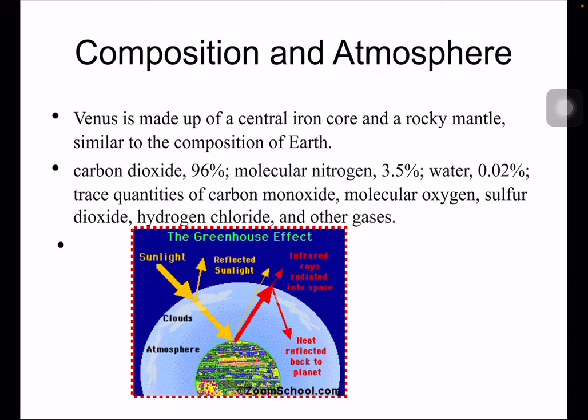Well, as for the atmosphere, Venus has a lot of carbon dioxide, about 96%, molecular nitrogen, about 3.5%, and water, about 0.02%, and trace quantities of carbon monoxide, molecular oxygen, sulfur dioxide, hydrogen chloride, and other gases. The pictures on the bottom also illustrate the structure of Venus.